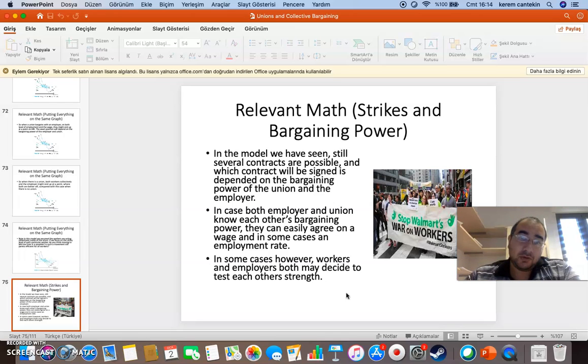The companies also have a tool similar to the strikes, which is called lockout. You lock the workers out of the workplace, in which case you bargain with all of your workers for something like a lower wage.